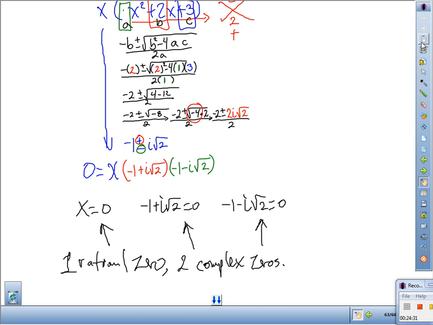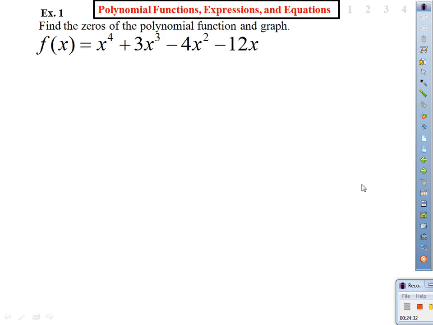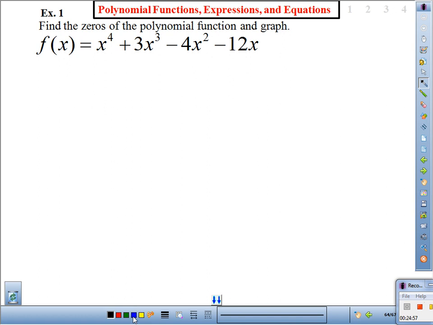Okay? Copy this one. Example 1. It reads, f of x equals x to the 4th plus 3x to the 3rd minus 4x to the 2nd minus 12x. All right?